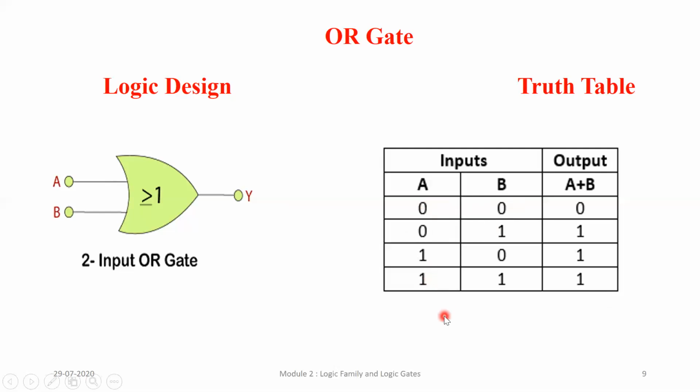So this is your 2-input OR gate. Basically, for ANDing we use a multiplication-like relation, and for ORing we use an addition relation. That's why the symbol was plus. Only in this case, you have to remember 1 plus 1 is not 0 carry 1. 1 plus 1 is 1.